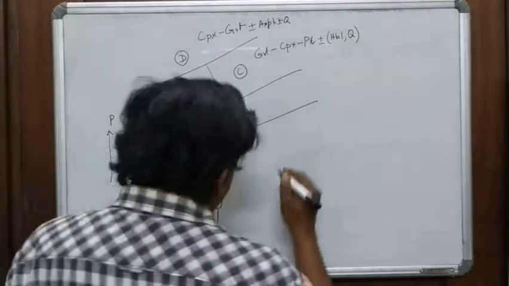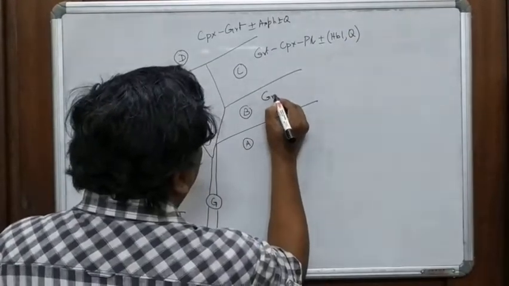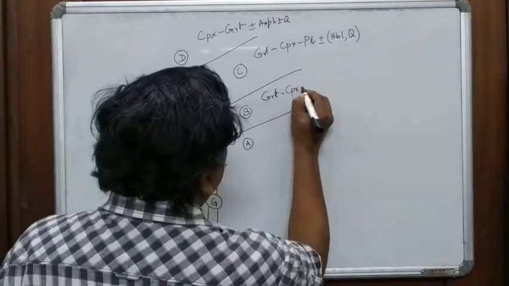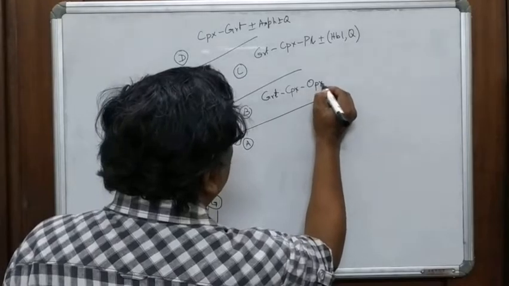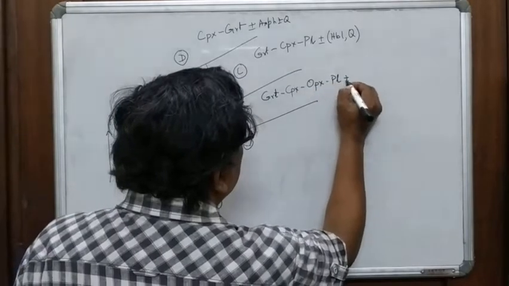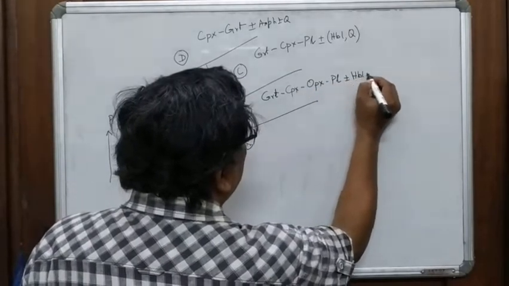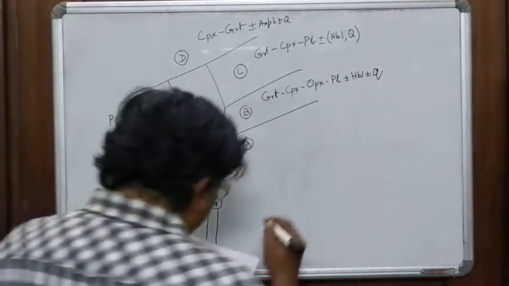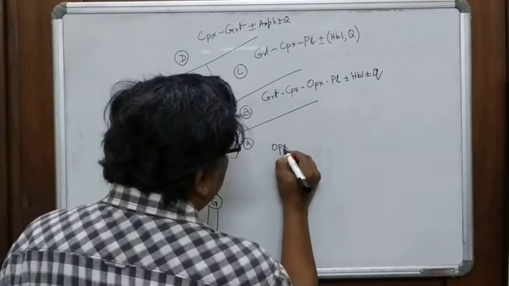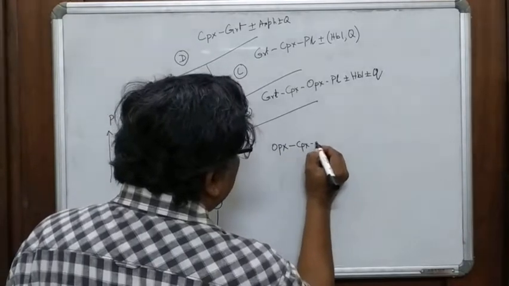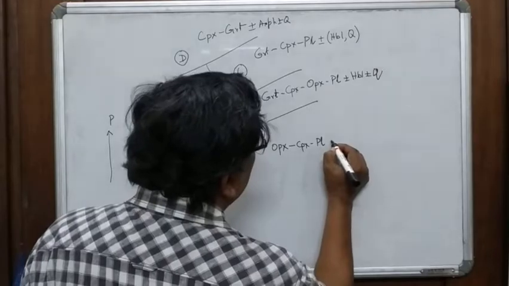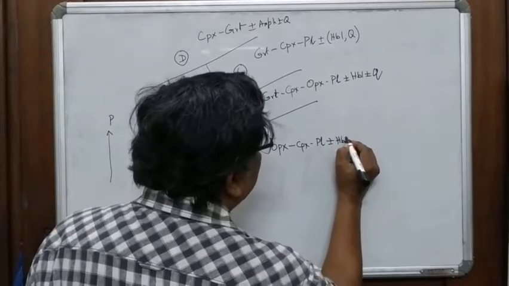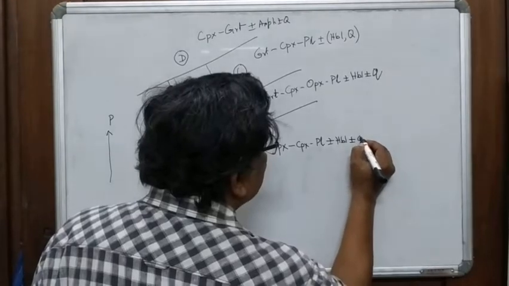Then we have garnet, clinopyroxene, orthopyroxene, plagioclase, plus minus hornblende, plus minus quartz. And here you have orthopyroxene, clinopyroxene, plagioclase, plus minus hornblende, plus minus quartz.